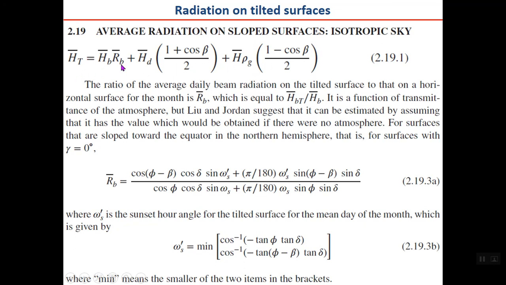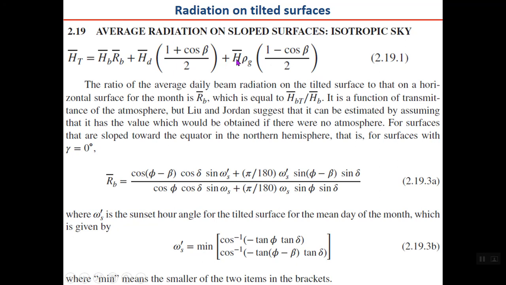Just for the value of R_B, you should use equation 2.19.3, where omega prime S is the minimum of these two values. So you should calculate both of them and see which is less, and then take that for the value of omega prime S, and substitute in this equation to find R bar B. Then other parameters we discussed before.